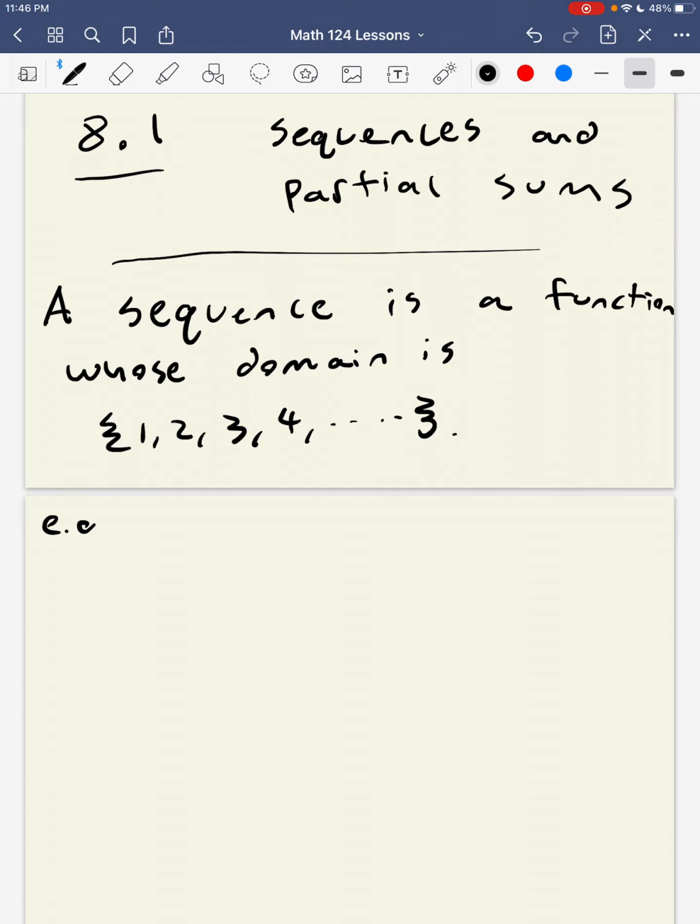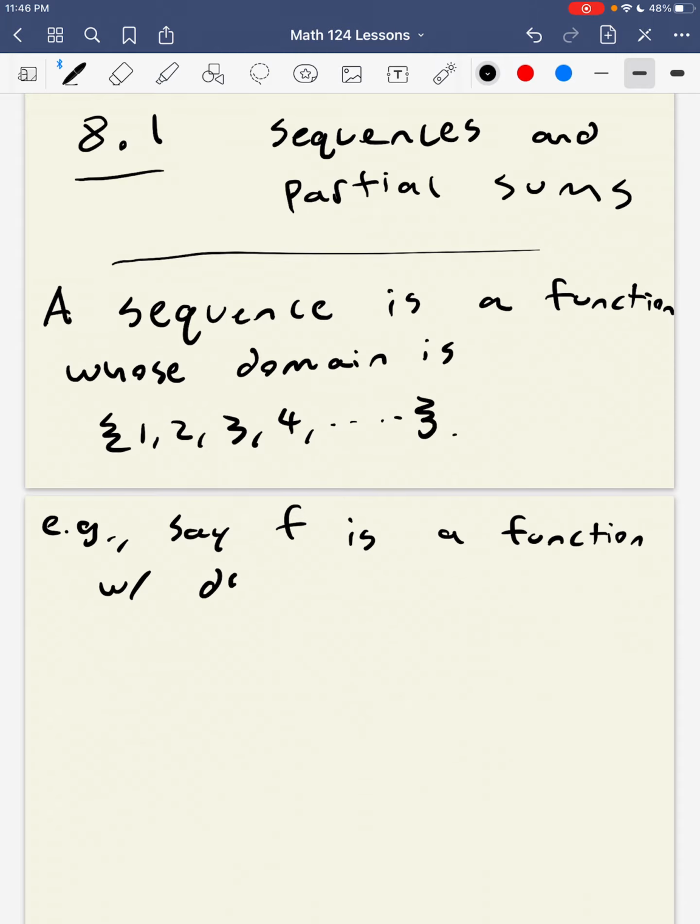Right, so for example, just say we have some function f. Say f is a function with domain 1, 2, 3, 4, etc.